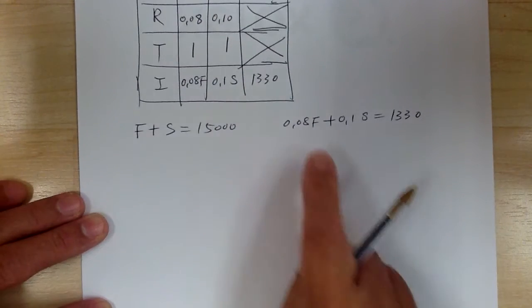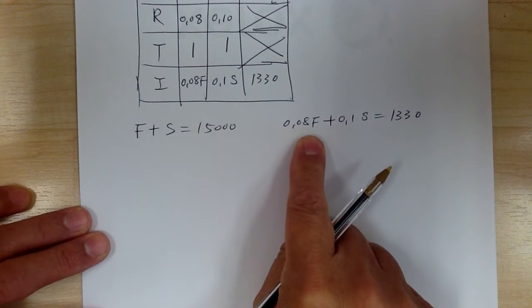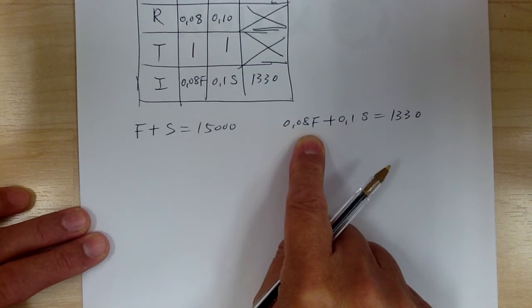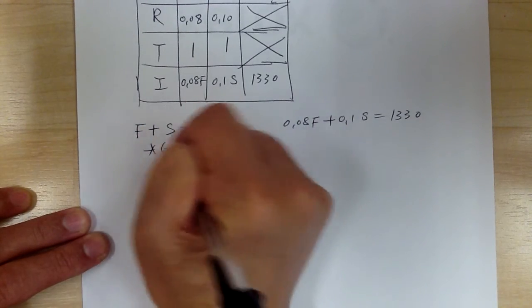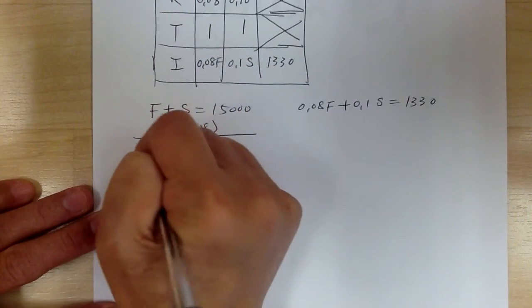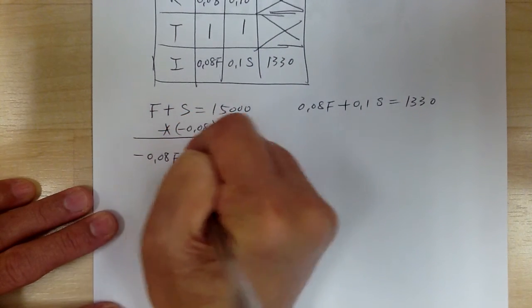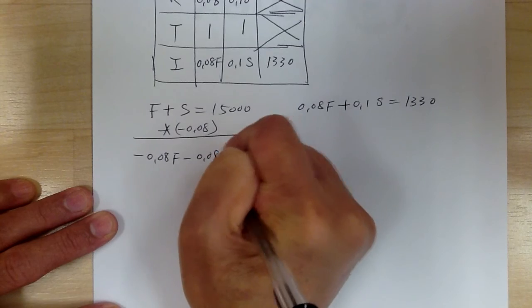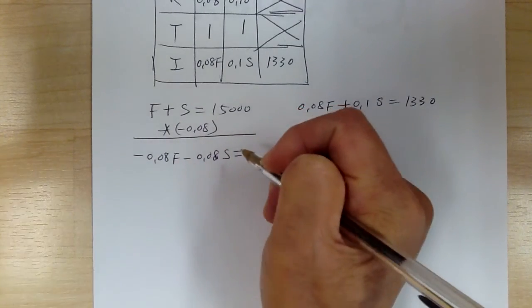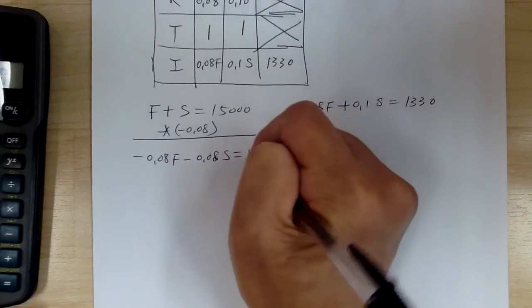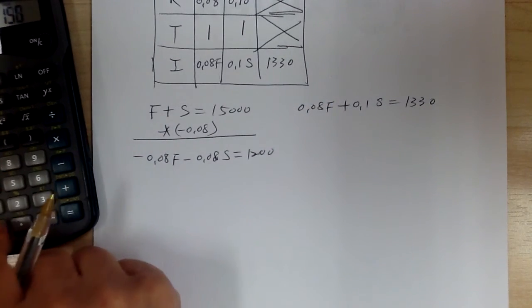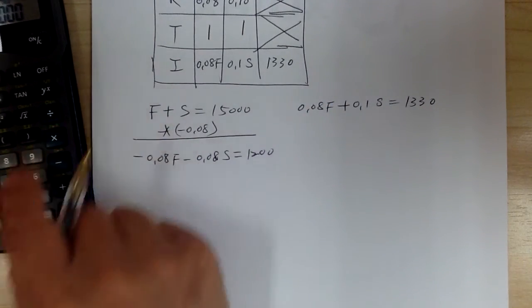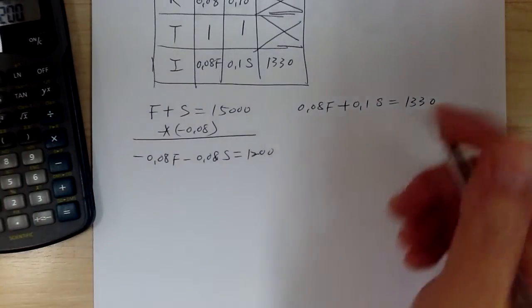Again, I'm going to eliminate the F because it's a lower number, so I don't have to mess with the negative numbers. So times it by negative 0.08. So I get negative 0.08F minus 0.08S equal to negative 1200. Double check: 15000 times 0.08, yeah, okay.